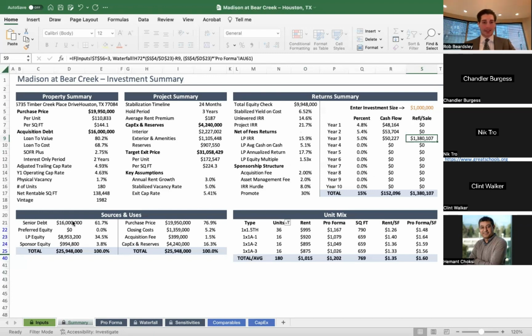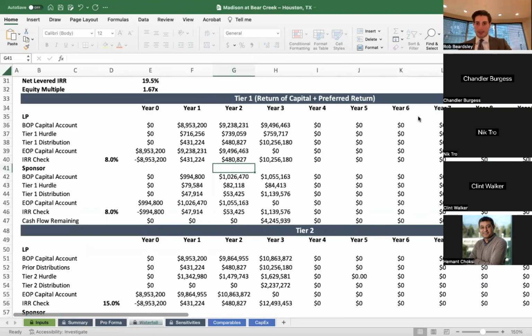Okay, we have a question here. Does any unpaid cash on cash return also compound as preferred return? Yes. This goes back to our waterfall discussion. I might have been going too quickly, but if you break down what's going on here, you'll see that the cash on cash distributions are actually less than the preferred return rate.